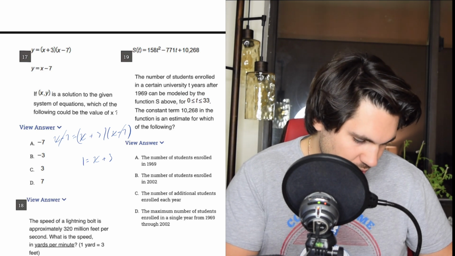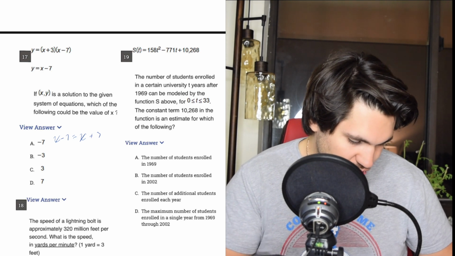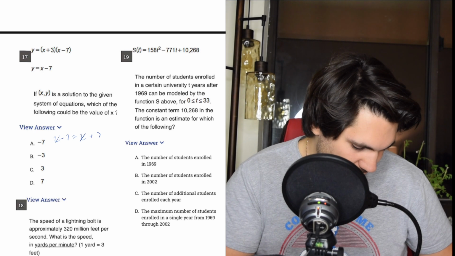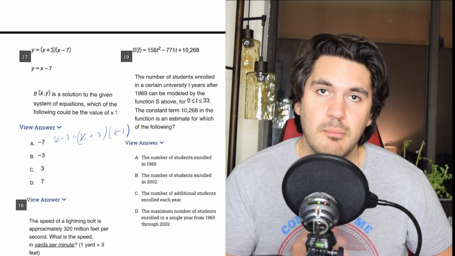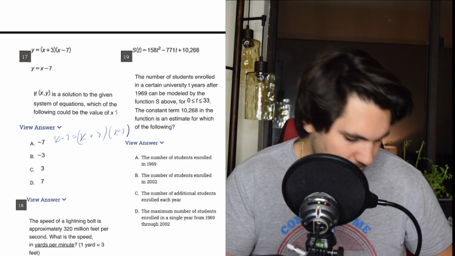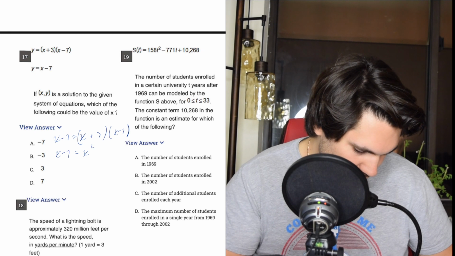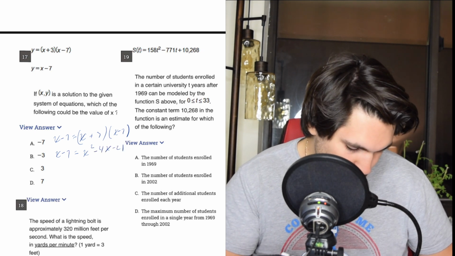Instead, we're gonna just solve this the old-fashioned way. So x minus 7 is equal to x plus 3 times x minus 7. We're gonna FOIL this out, combine everything, and then factor it again. So x minus 7 is going to be equal to x squared minus 7x plus 3x minus 21.